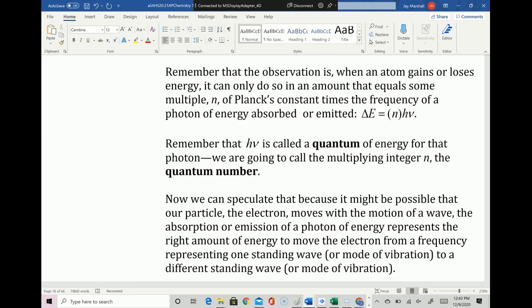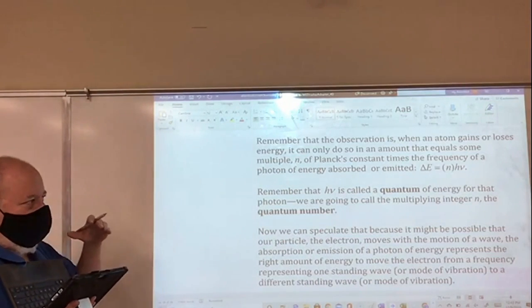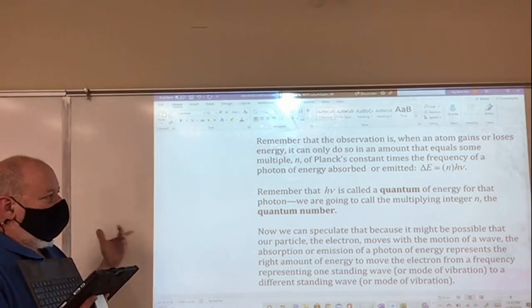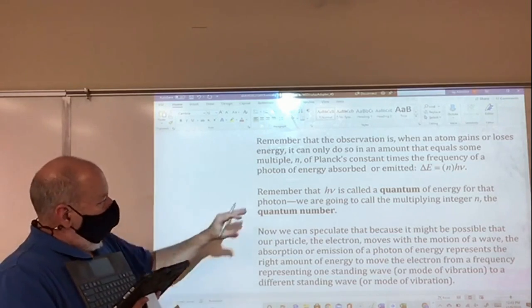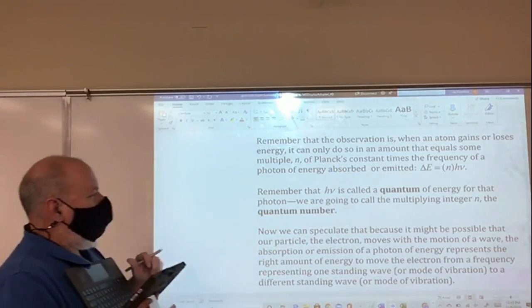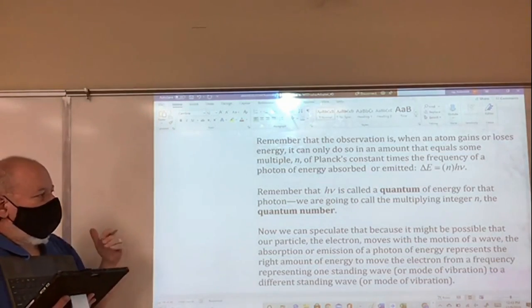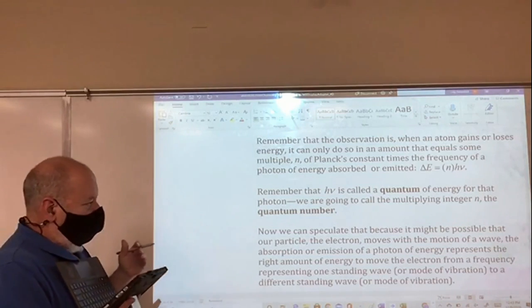Okay, so in a given electron, we're going to have a multiple of that that's going to represent the energy level. So 1 would represent the first energy level, 2 would represent the second energy level, and so on. Remember that hν is called a quantum of energy for that photon, and we're going to be multiplying it times an integer that we're going to call the quantum number.